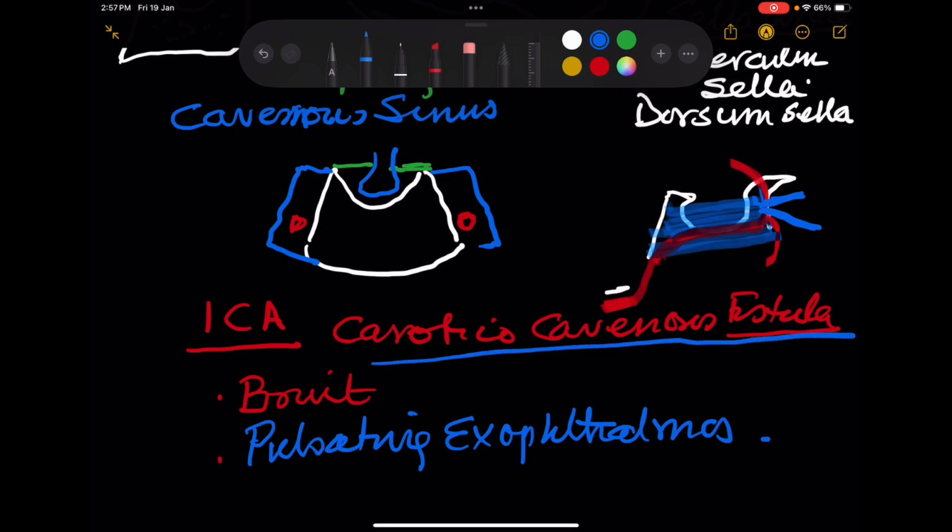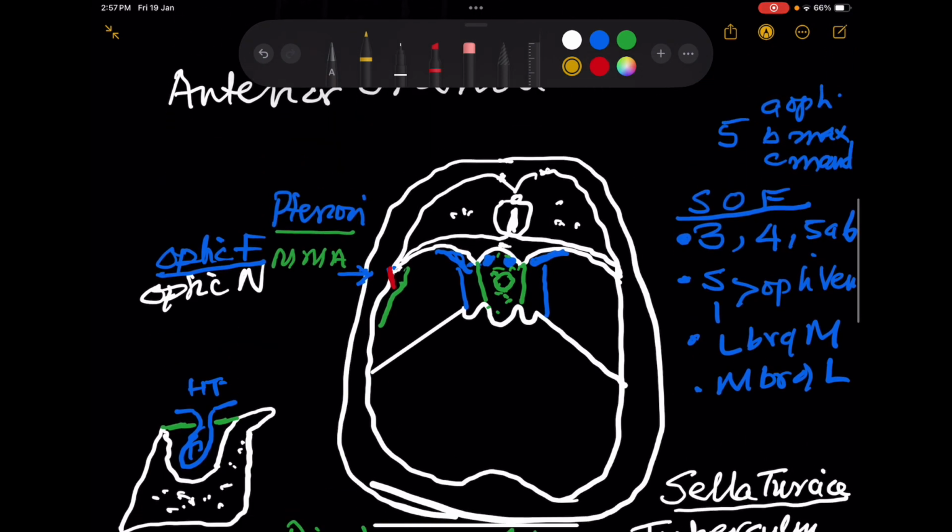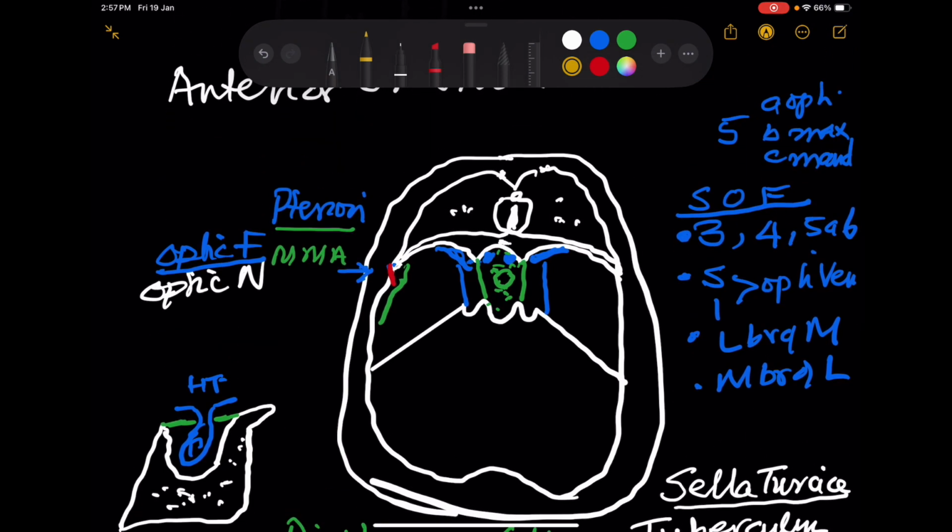Now, there is a nerve which arises from the pons here. You place this nerve here. It emerges from the brain at this point, goes up, goes across this notch, and is bounded by a ligament.